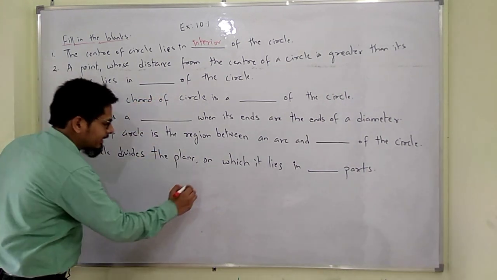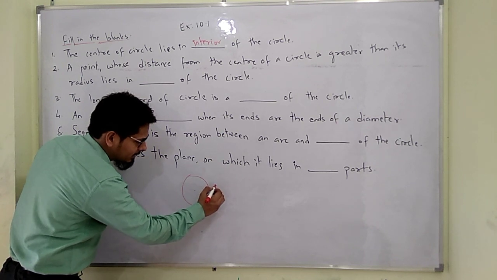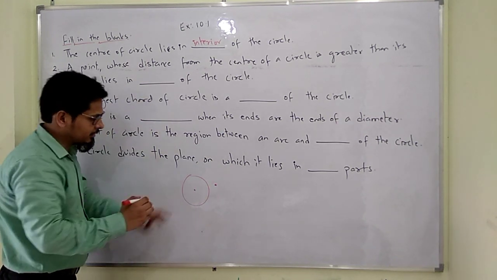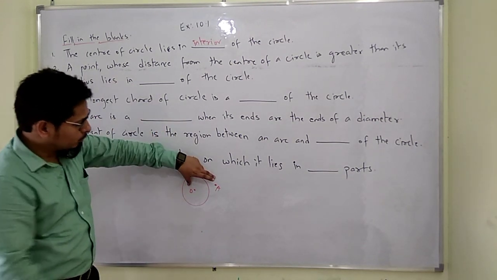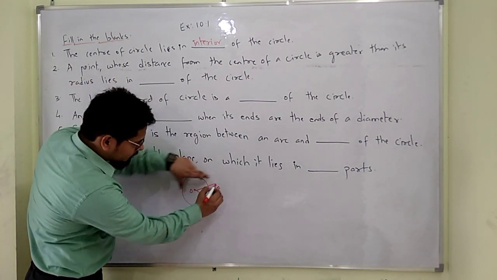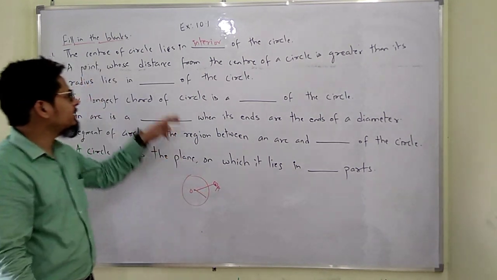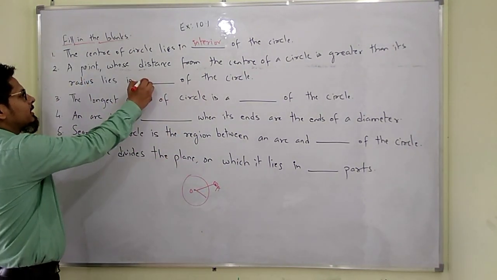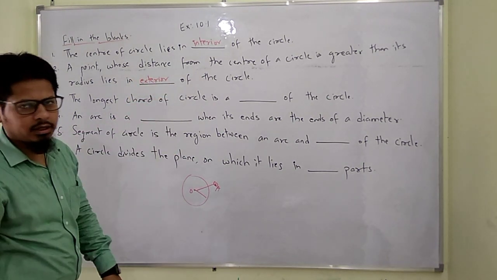For example, if you take this circle, and this point A, its distance from the center O is more than the radius. So this point lies outside the circle, and the answer here is exterior of the circle.